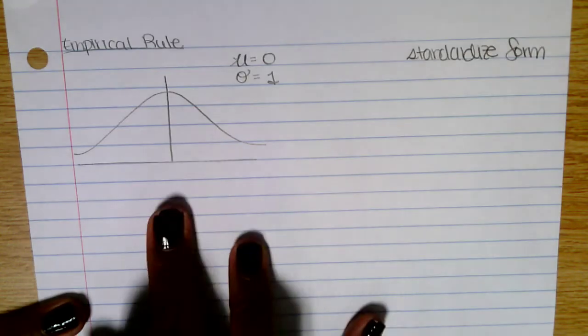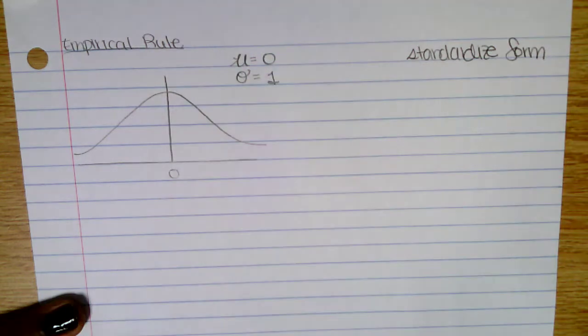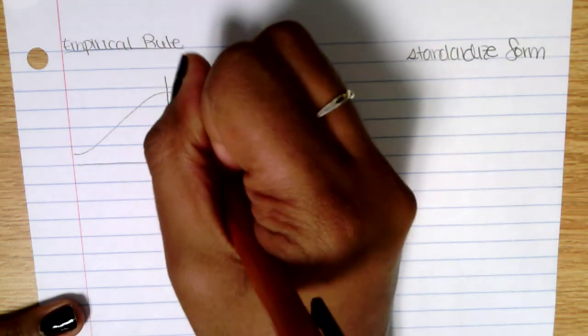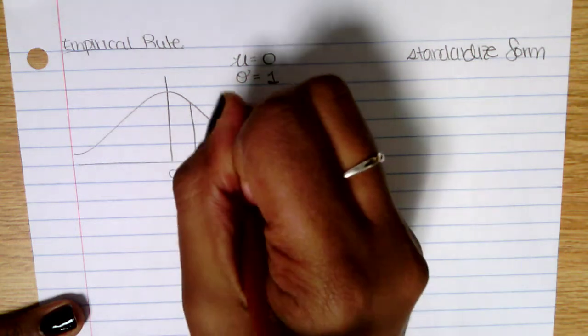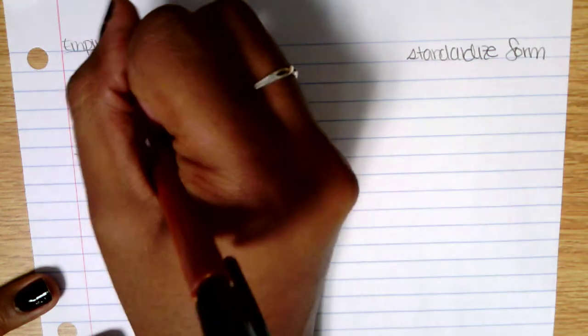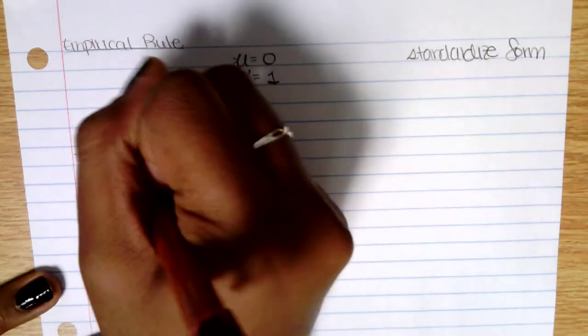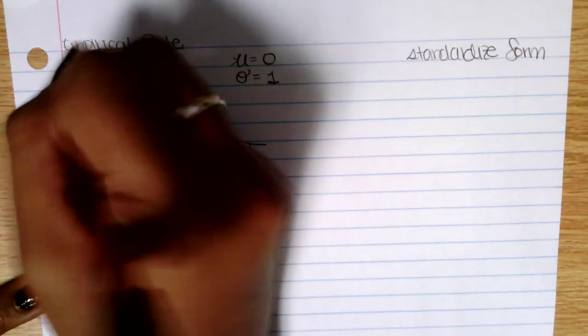Looking at it, if our mean is 0, that means it's here, and our standard deviation is 1, which means in increments of 1, each standard deviation is going to increase. Same thing on the opposite side, except it'll decrease by the standard deviation.